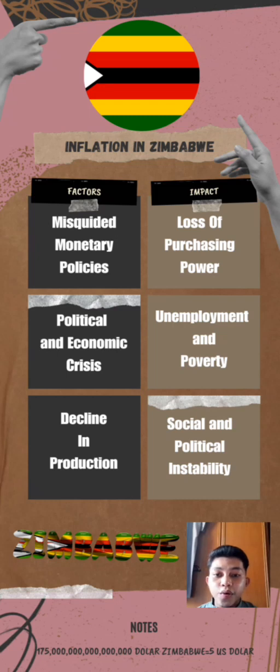And last, monetary policy. Central bank action to increase the amount of money in circulation in the economy can cause inflation. For example, if a central bank prints more money or lowers interest rates, this can spur economic growth and increase inflation.